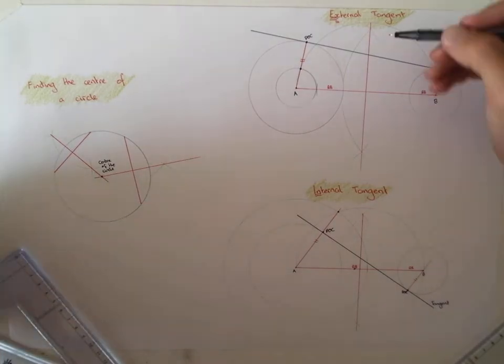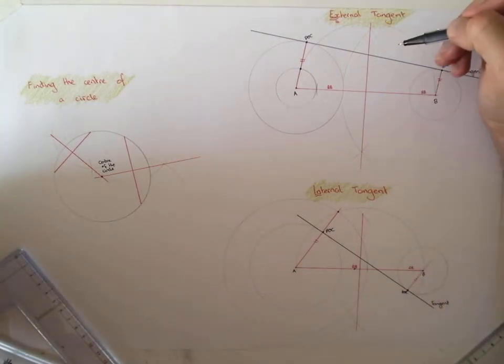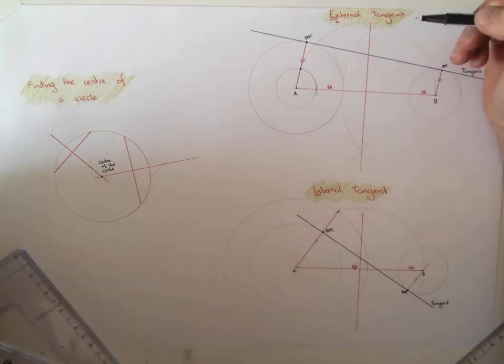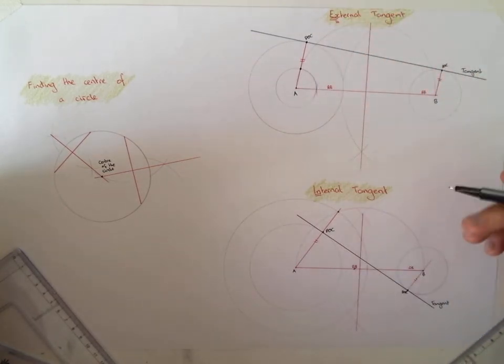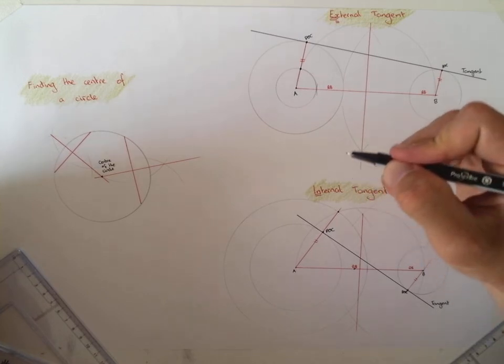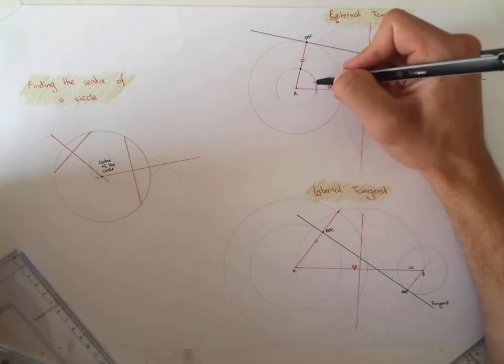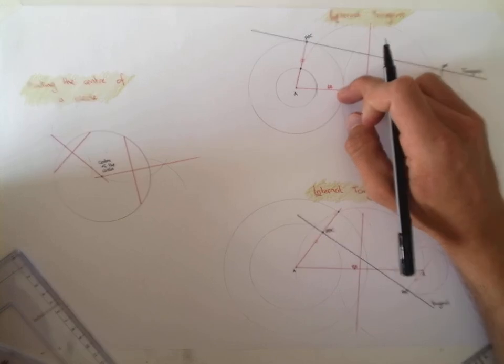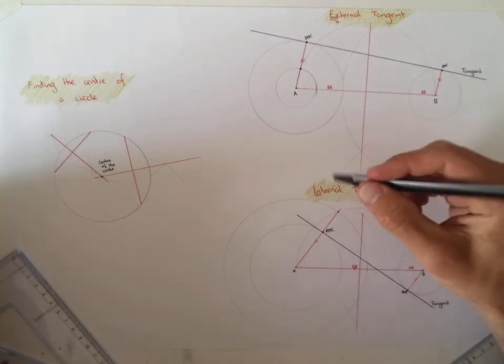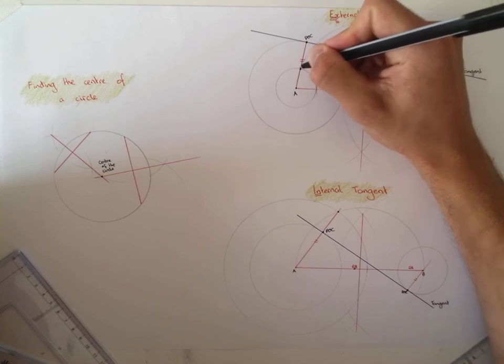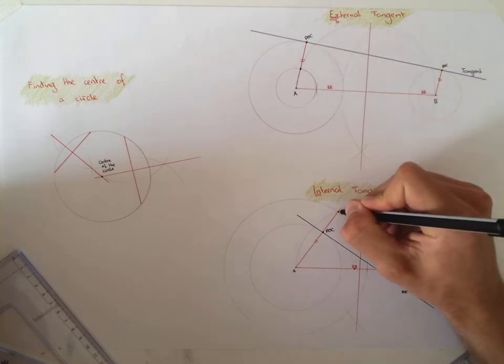If you just look at the similarities between the internal tangent and the external tangent up here, the semicircle in both cases intersects the new circle that we've drawn by either subtracting the radius or increasing the radius. So I'll just point out those points. We have here and here.